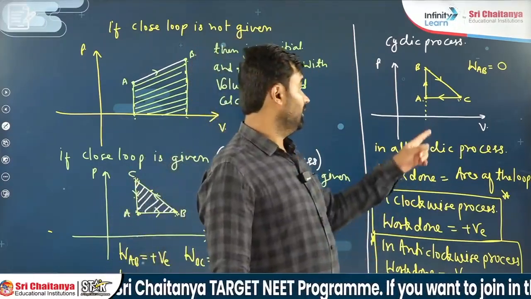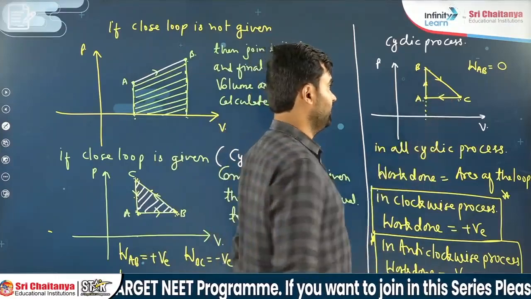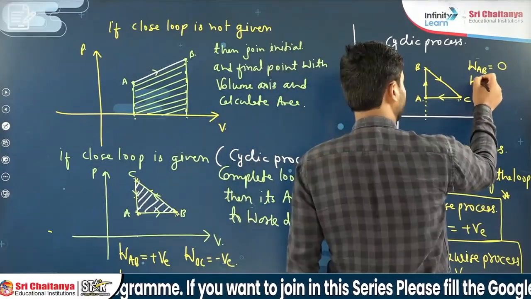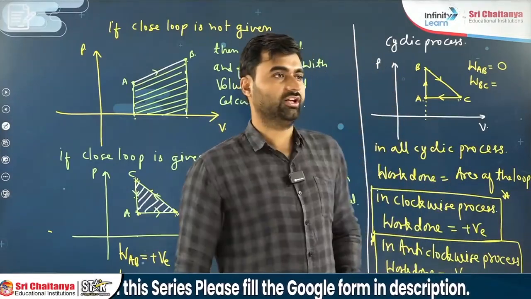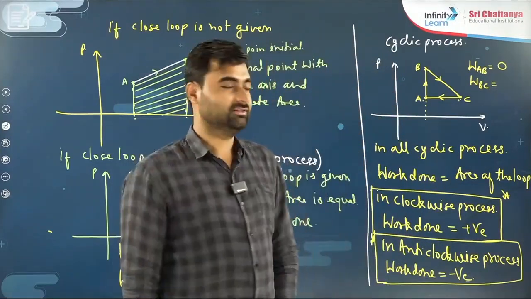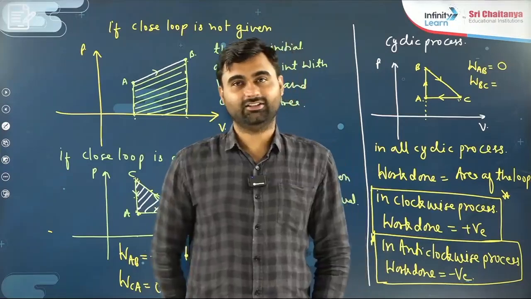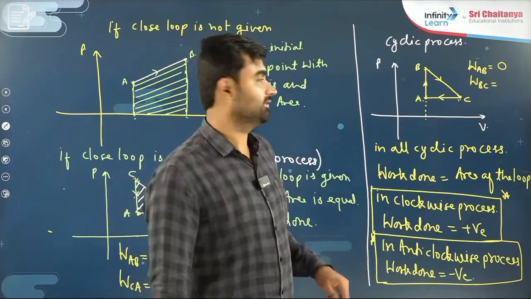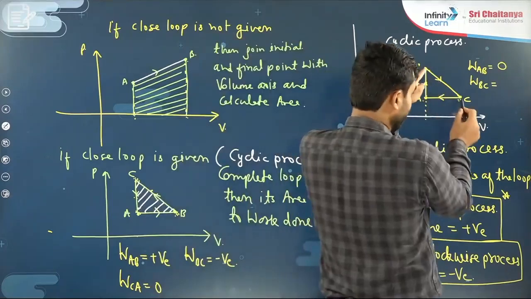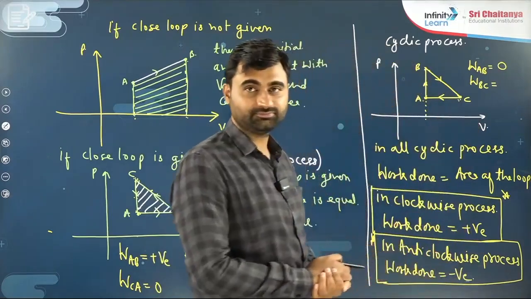Okay. Now B to C, can you tell whether B to C work done is positive or negative? Send your response. Those who said negative, their answer is wrong, and those who are saying positive, their answer is correct. Understand? B to C, volume increases or decreases?